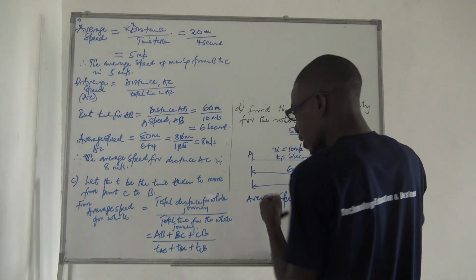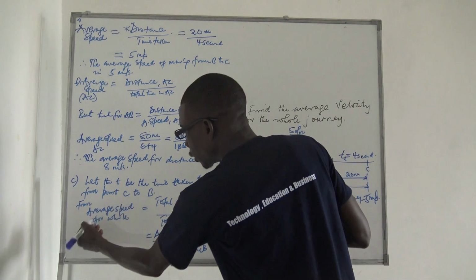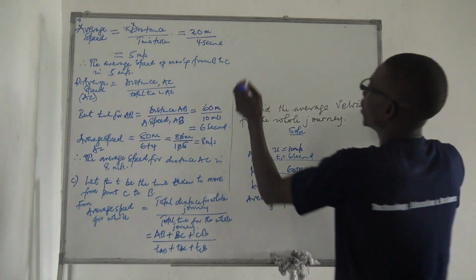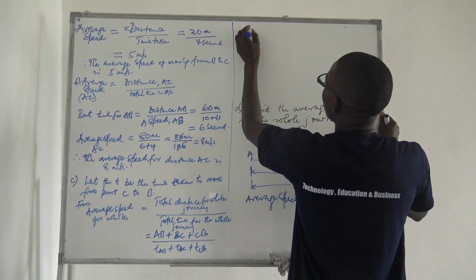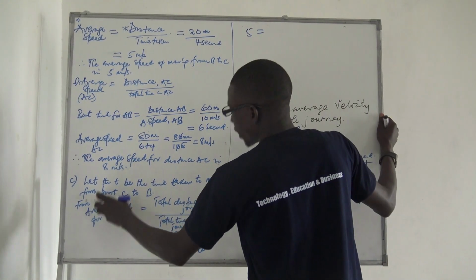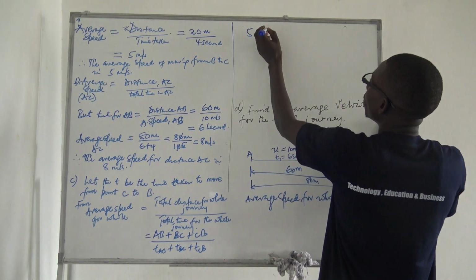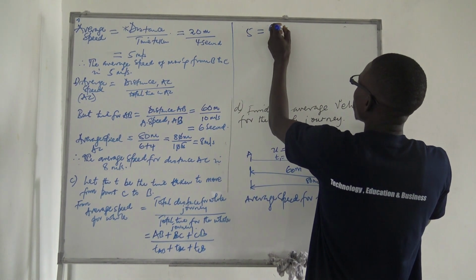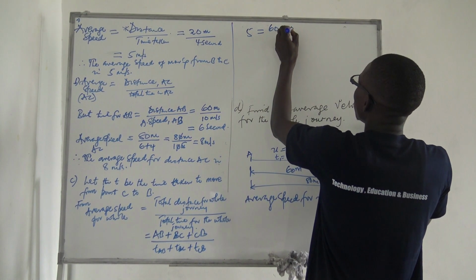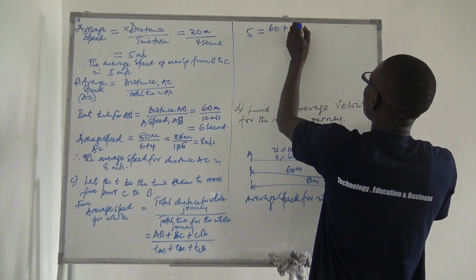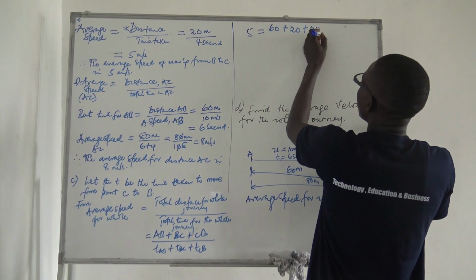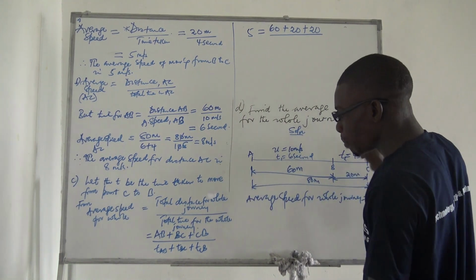So, if that is that, I will now say the average speed for the whole journey was given as 5. I can now say the 5, which is the average speed for the whole journey, should be equivalent to distance AB is 60 plus BC is 20 plus CB is 20, divided by the time in AB.